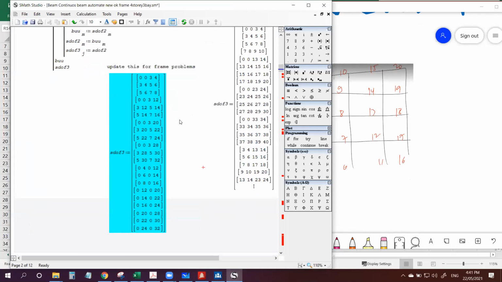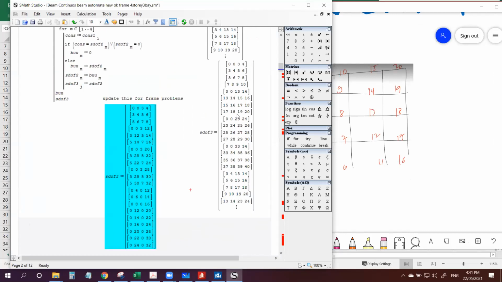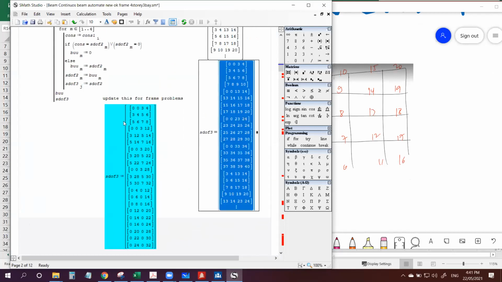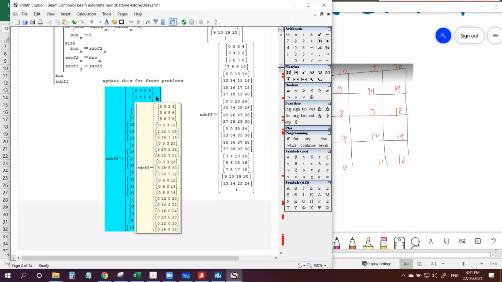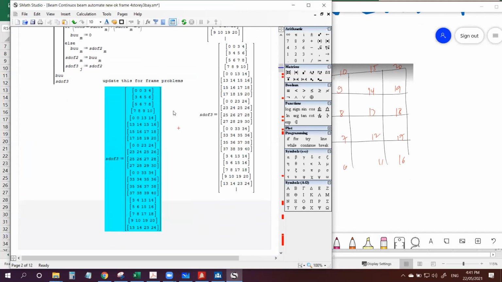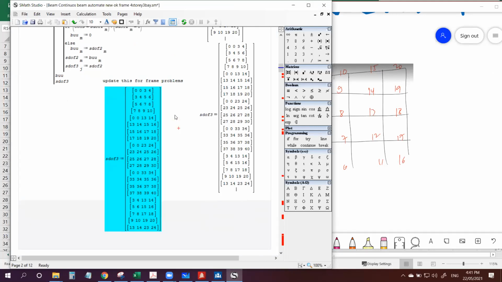Okay. So what will be the changes here? So I'll copy this first. Control C, Control V. Then I need to tweak 3, 4, 3, 4, 5, 6, 5, 6, 7, 8.